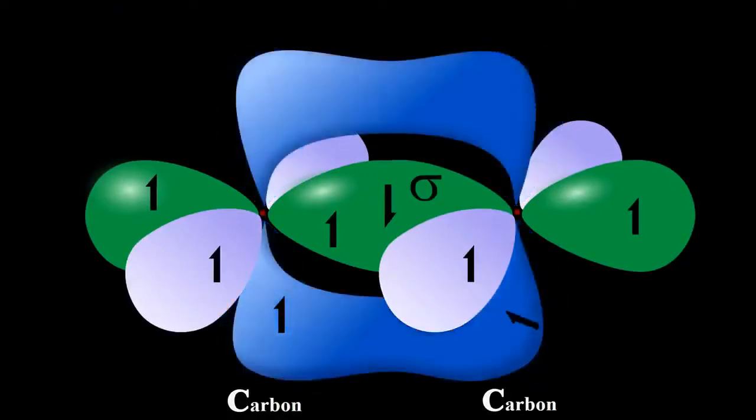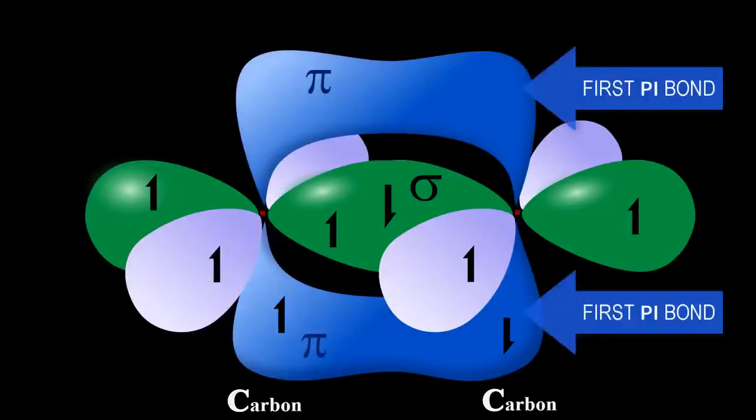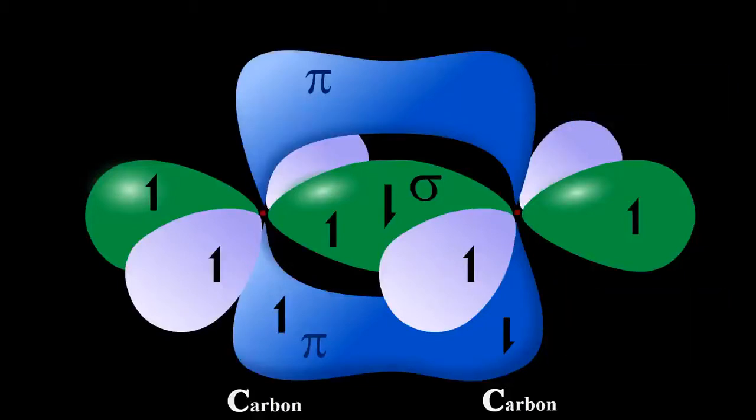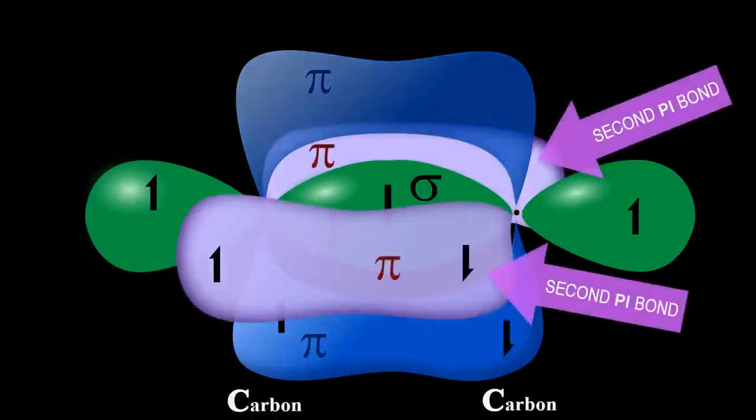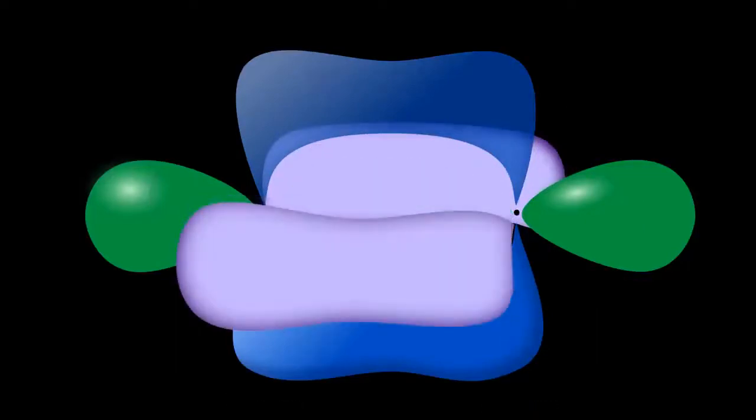The upper lobes of the blue 2p orbitals overlap, as do the lower 2 lobes, creating the first of the 2 pi bonds. Can you guess where the second of the 2 pi bonds comes from? Yes, that's right. It is the overlapping of the violet 2p lobes. Let's get rid of the sigma bond for a moment to take a look at something interesting.